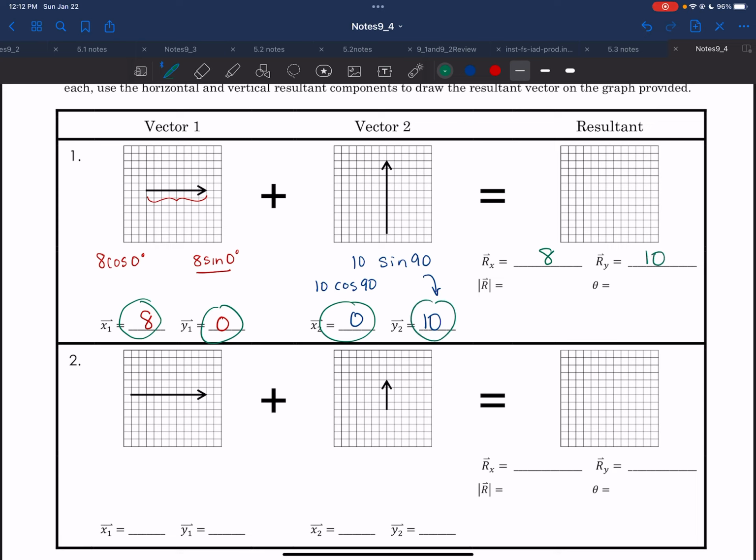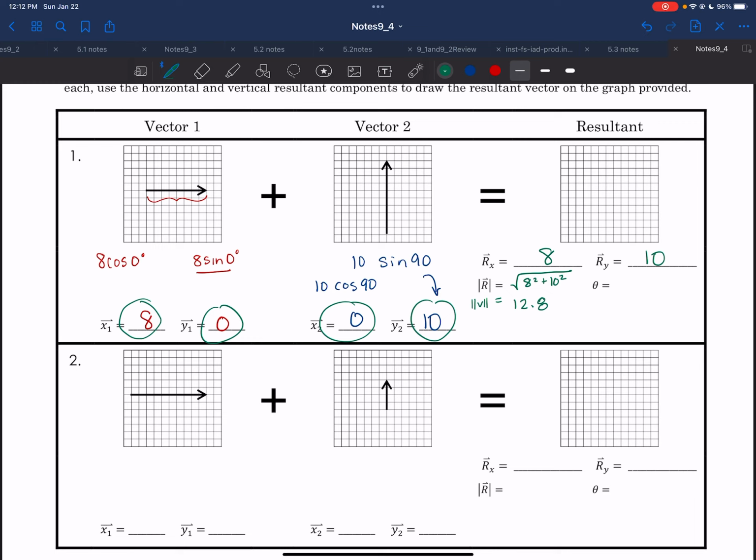All right, now I've got to find my resultant vector. We can also call that v with double lines, which is the magnitude of our vector. So to do this, remember, we take our x value squared plus our y value squared. So 8 squared plus 10 squared gives me the square root of 64 plus 100. And so the square root of 164 is going to give me 12.8 in value.